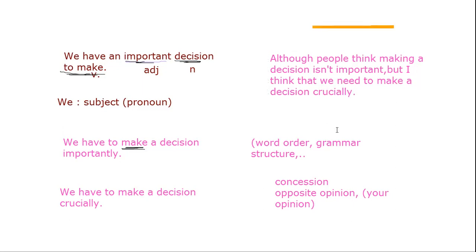This is very good. Although people think making a decision isn't important, but I think that we need to make a decision crucially. This is just a simple example, but there's of course a topic, and instead of people think, the topic here is decision, you're going to have a different topic, maybe education and etc. So although, this is called opposing or concession.